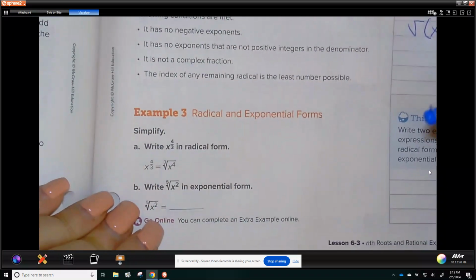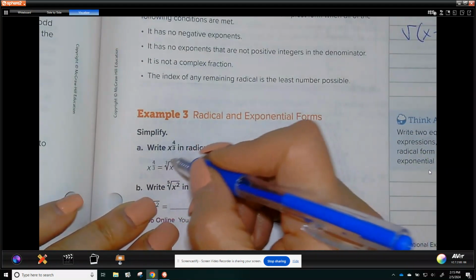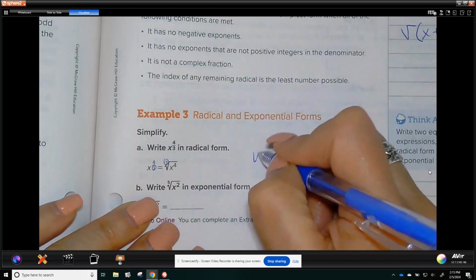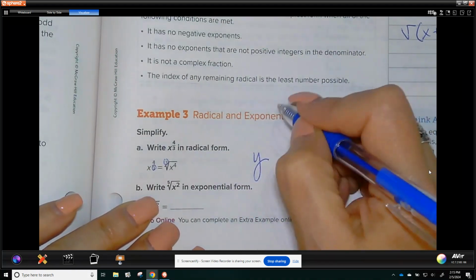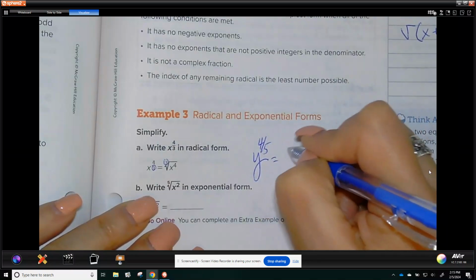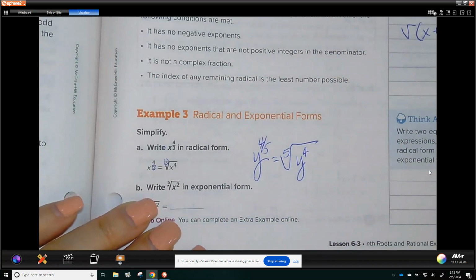Okay, so here's the example. They already did it. Power over root. Small number, small number. So if I have y to the, I don't know, 4/5, fifth is my root, 4 is my power, my exponent.